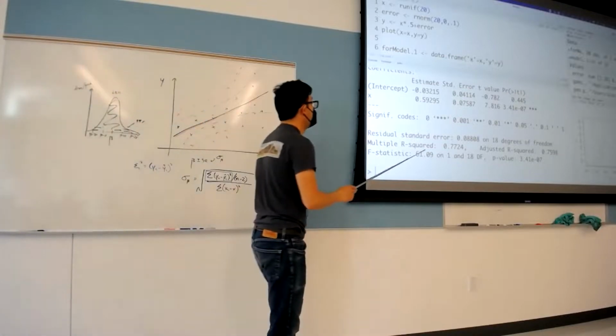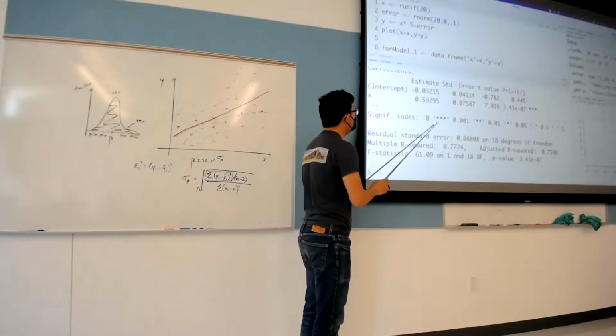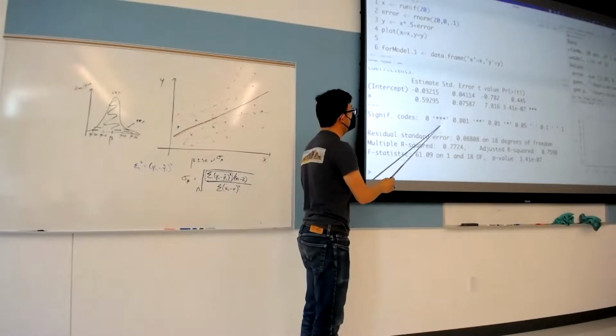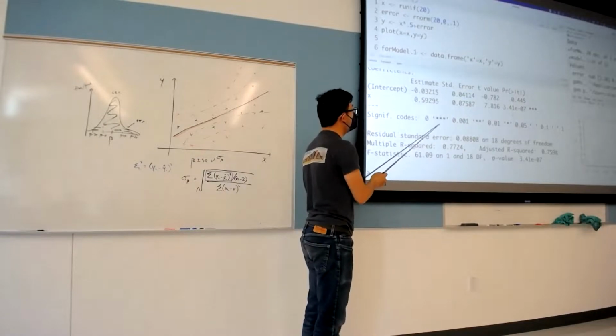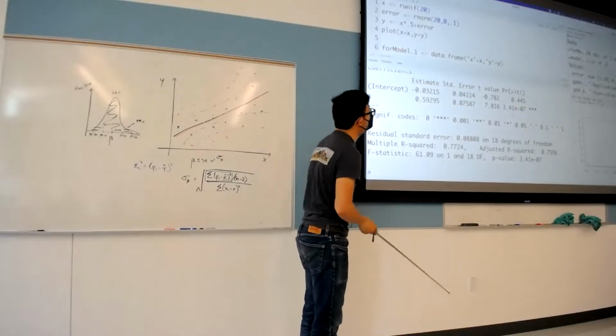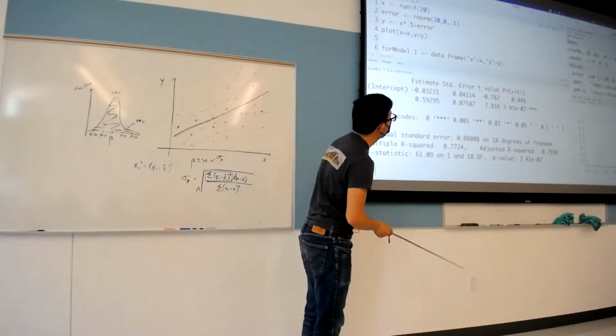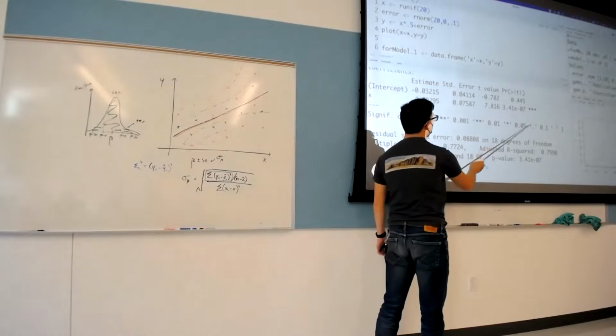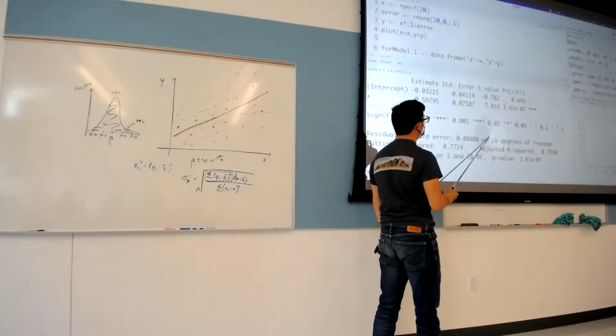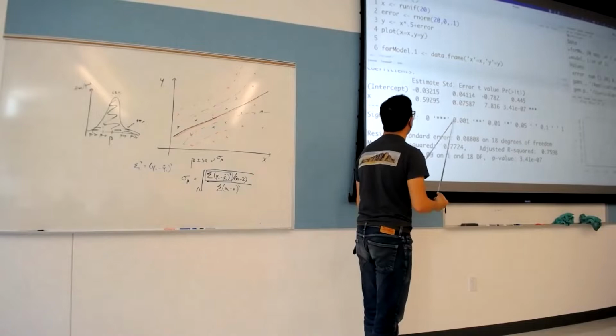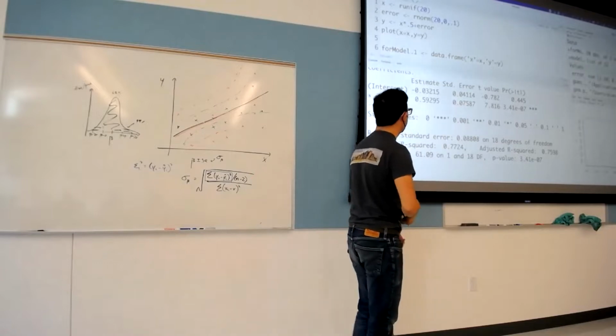Okay, so this is what the significance codes mean. Three stars mean less than 0.1%. A period is for 10%, one star for 5%, two stars for 1%, and three stars for 0.001%.